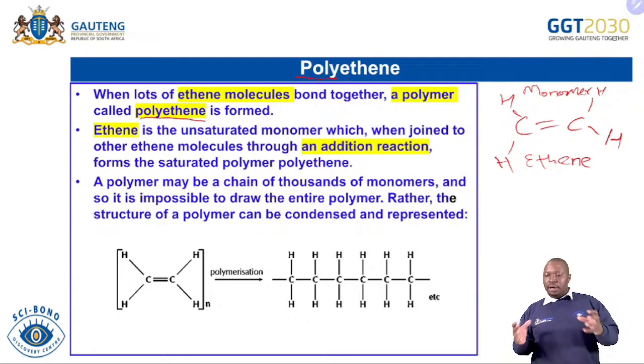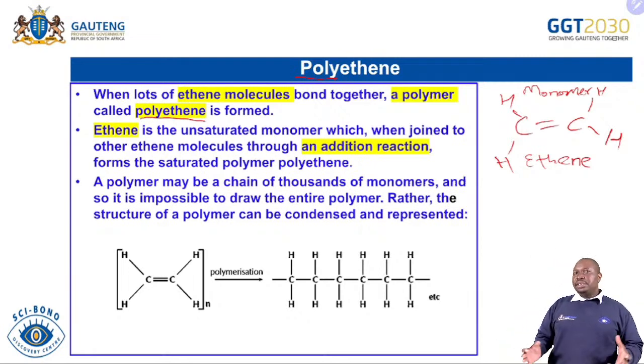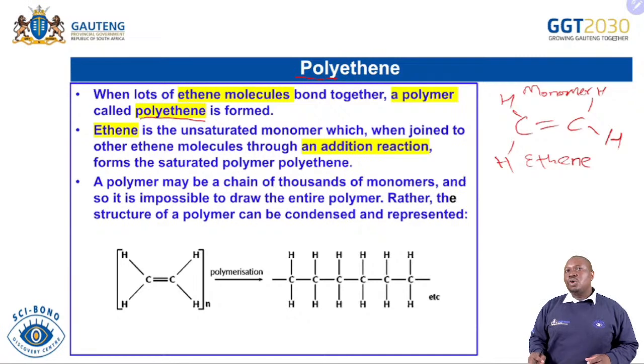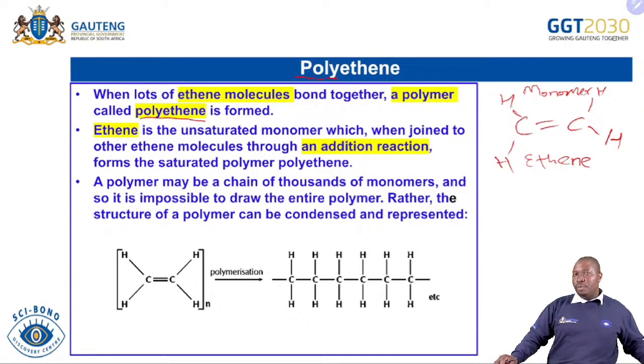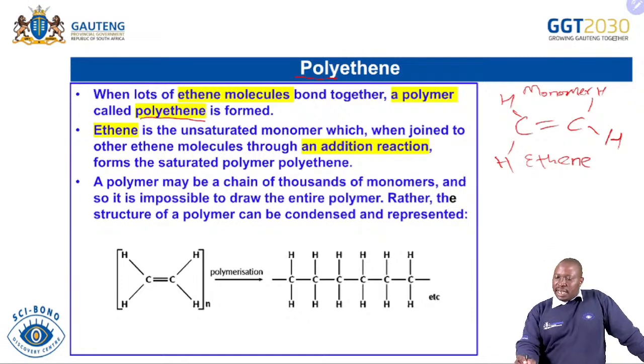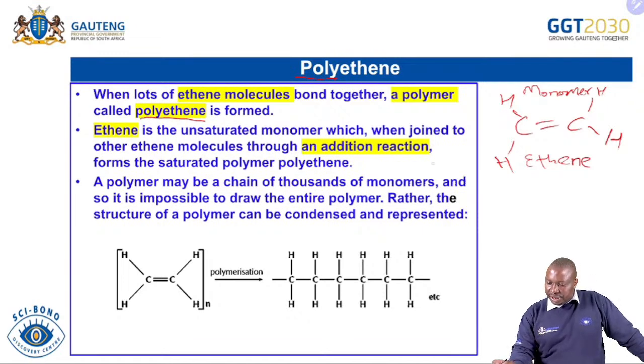We are joining monomers, which are ethene, and they form a polymer called polyethylene, because it's made up of many ethene molecules. So I hope you have understood that. Ethene is an unsaturated monomer, which when joined to other ethene molecules through an addition reaction, forms the saturated polymer called polyethylene.